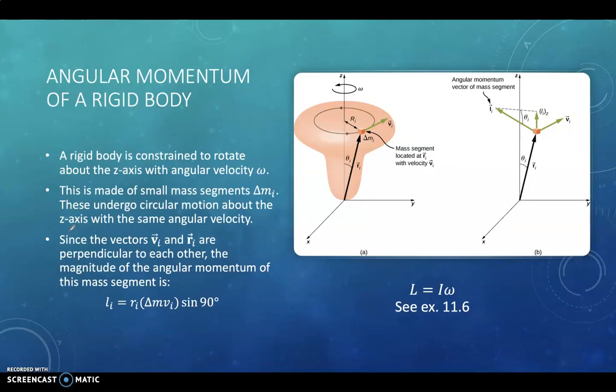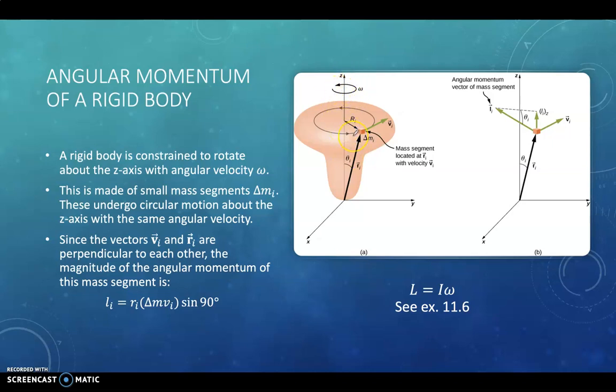All right, so let's move on to angular momentum of a rigid body. Now, a rigid body is constrained to rotate about the z-axis with some angular velocity omega.